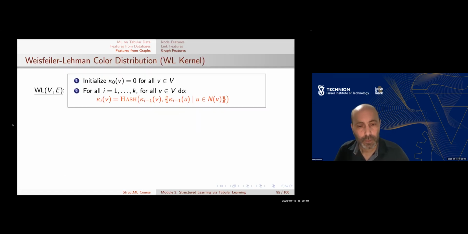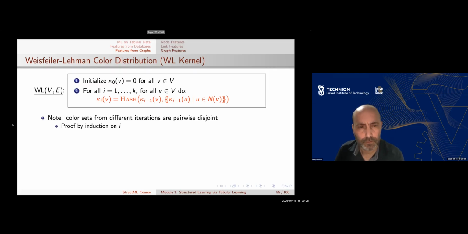And finally, we can also use the Weisfeiler-Lehman graph features. It's called a WL kernel. Basically, what you can do is the following.